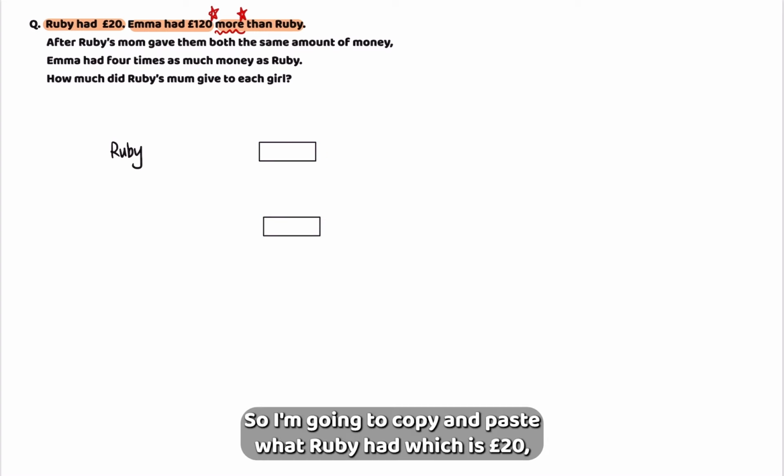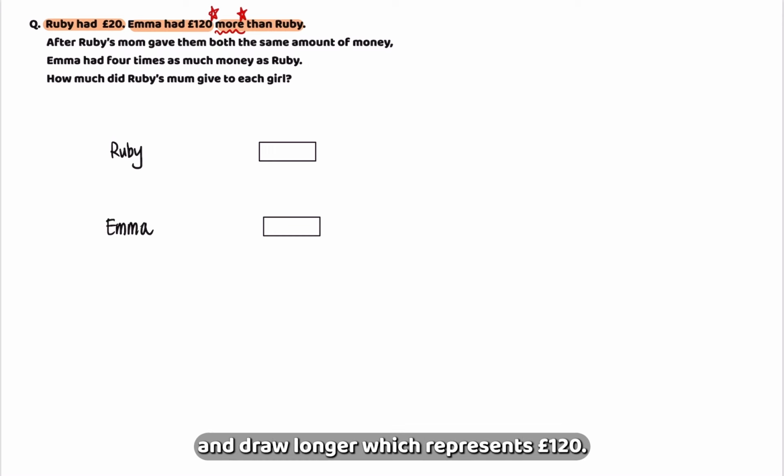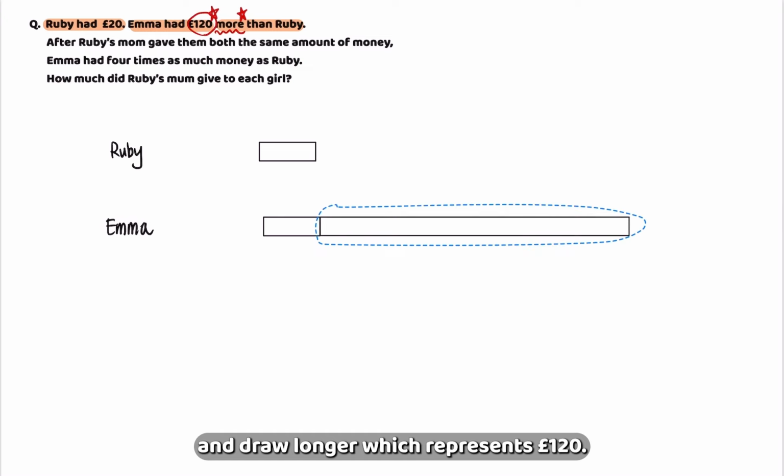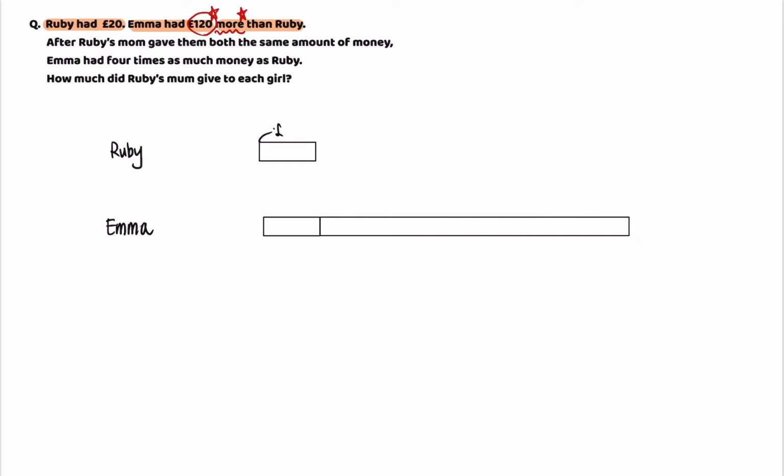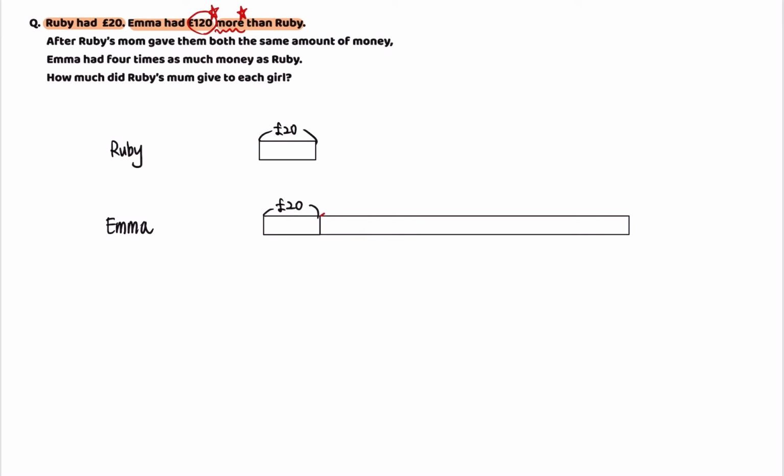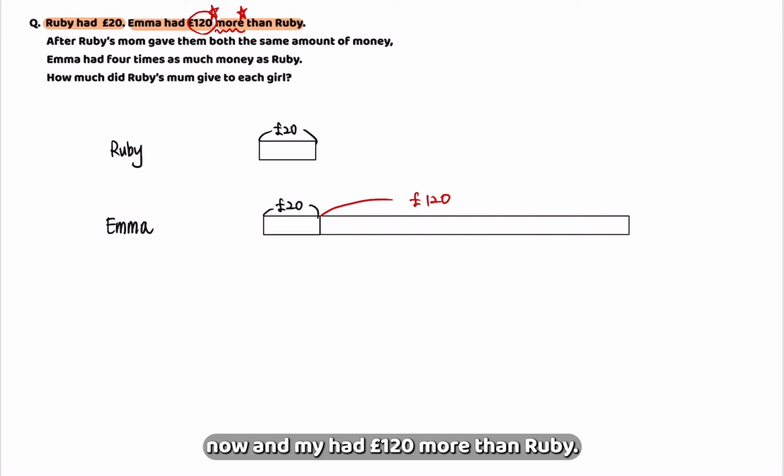So I'm going to copy and paste what Ruby had, which is 20 pounds, and draw longer for 120 pounds. Okay, so let's state for each. Now Emma had 120 pounds more than Ruby.